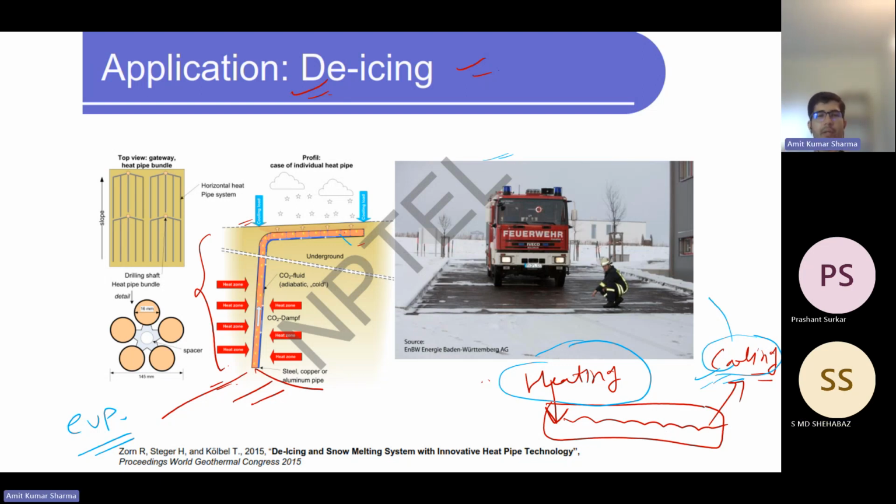Yeah, heat pipe, I know I'm talking about the heat pipe, but am I talking about the external surface or about the fluid? The point is that then only your confusion will clear. When I'm saying that we are doing heating at the evaporator and cooling at the condenser.